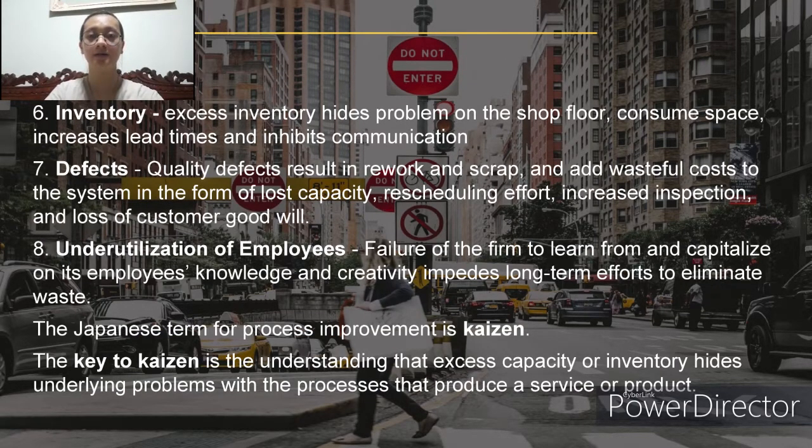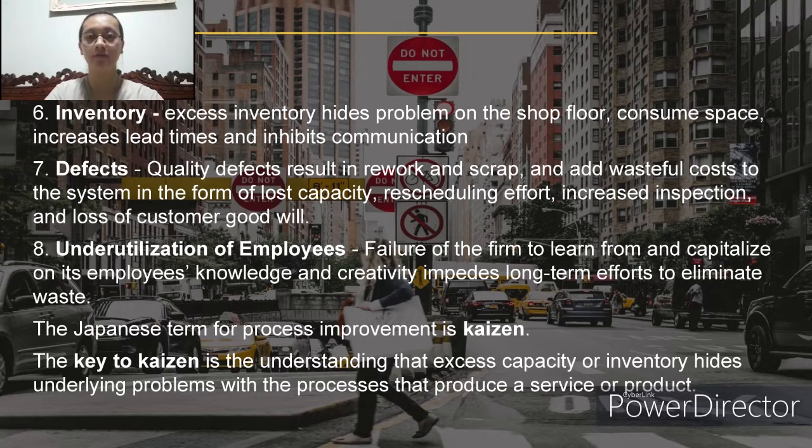Inventory: excess inventory hides problems on the shop floor, consumes space, increases lead times, and inhibits communication. Defects: quality defects that result in rework and scrap, adding wasteful cost to the system in the form of lost capacity, rescheduling effort, increased inspection, and loss of customer goodwill.